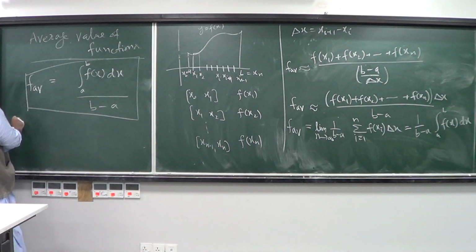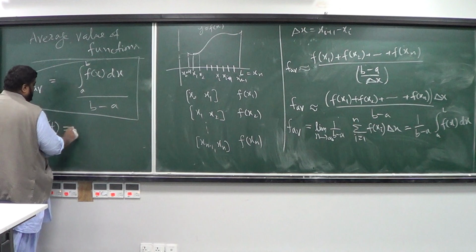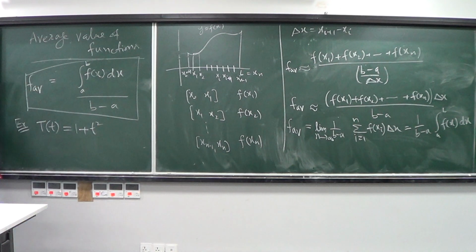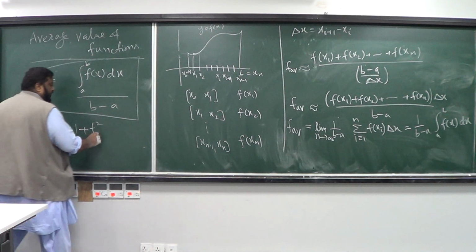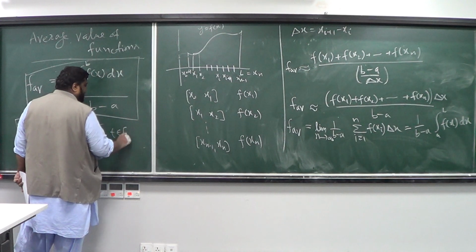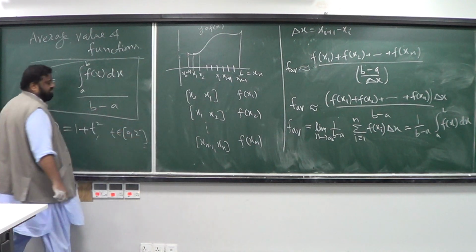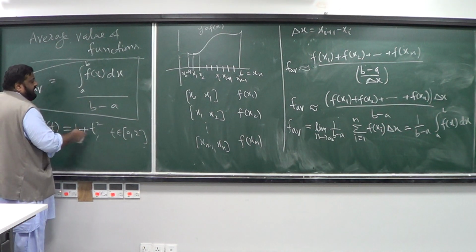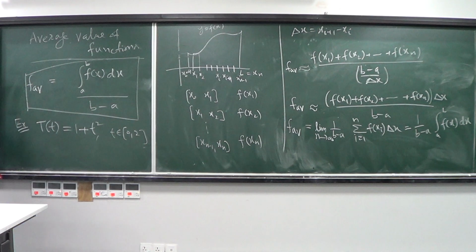So imagine you have this example: temperature on a day varies with this formula, T of t equals 1 plus t squared, where t is the instant between, say, 0 and 2 hours. So 0 to 2 is representing 120 minutes, or 2 hours. Then what is the average value of the temperature in these 2 hours?